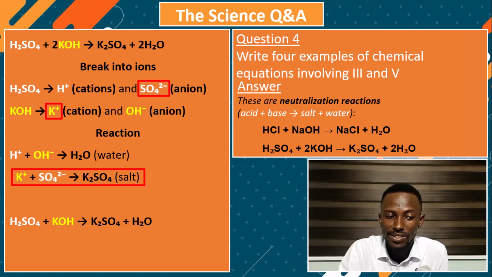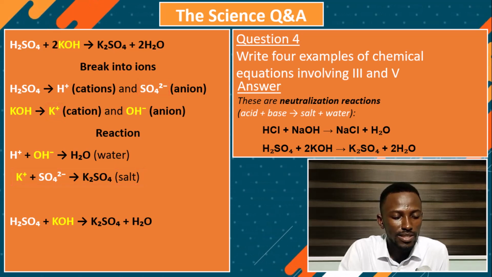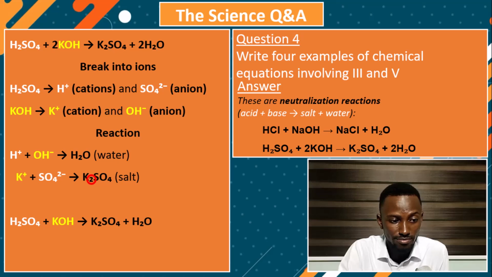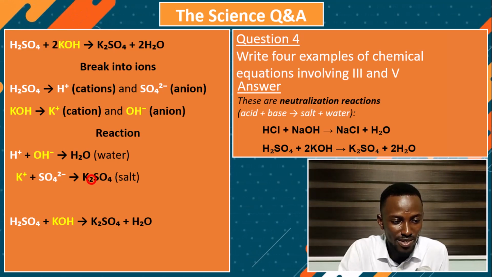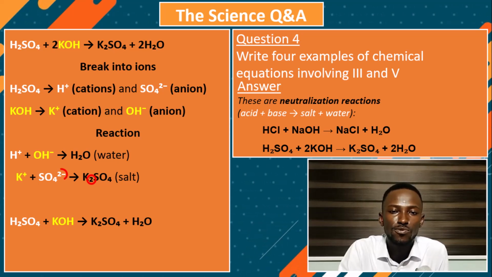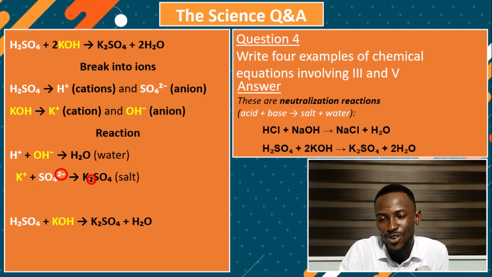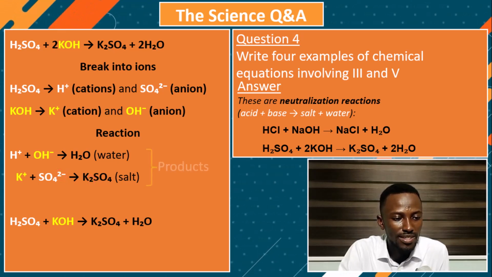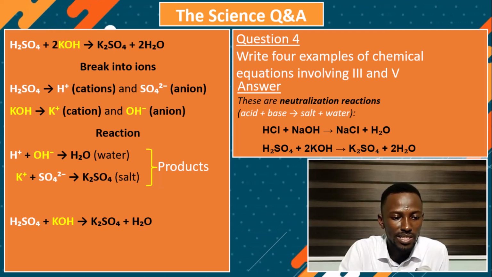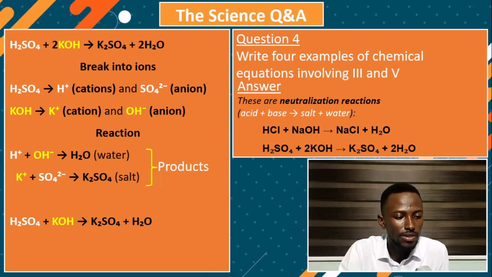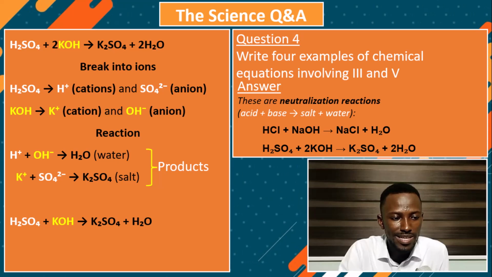But here's how interesting it gets. The subscript 2 in K2 actually comes from the negative 2 on top of the SO4 2 minus. So that's how interesting chemistry can be sometimes. The H2O, that is the water, and the salt are collectively known as the products. So let's keep that in mind. Now let's combine the reactants and the products.